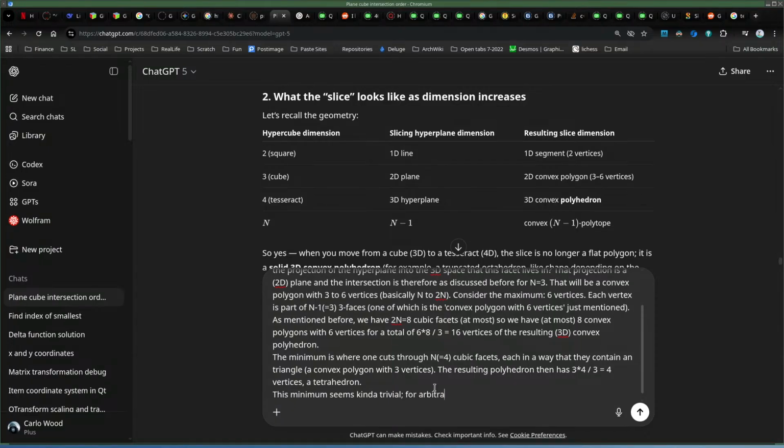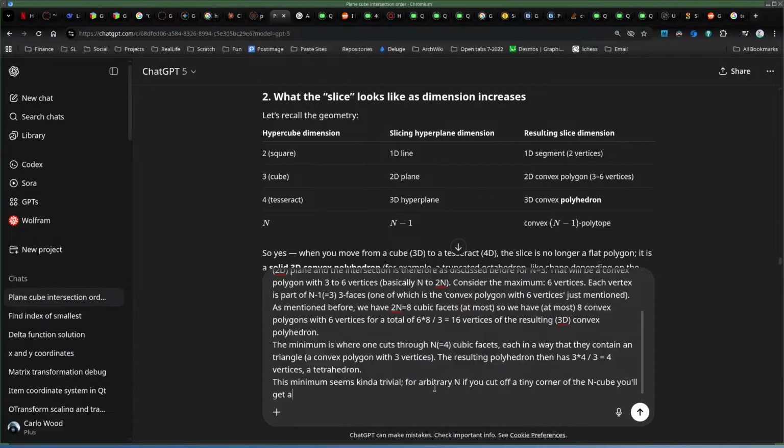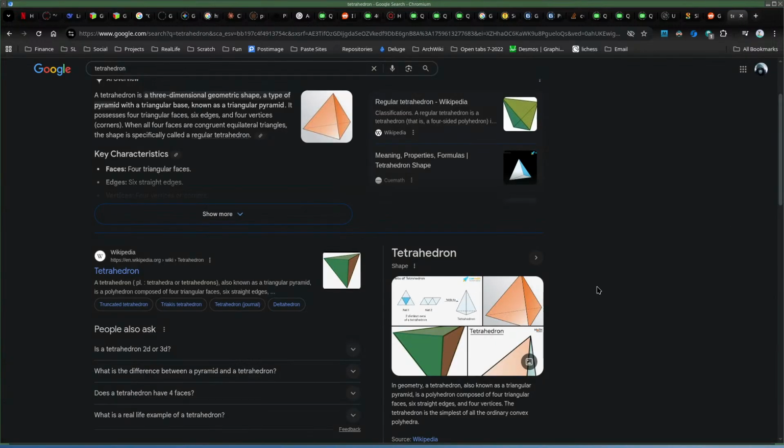For arbitrary n, if you cut off a tiny corner of the n cube, you'll get a... now, what is the multi-dimensional name of a tetrahedron? Tetrahedron is for 4 dimensions. Oh, we encountered that, but I was like, we don't need that.